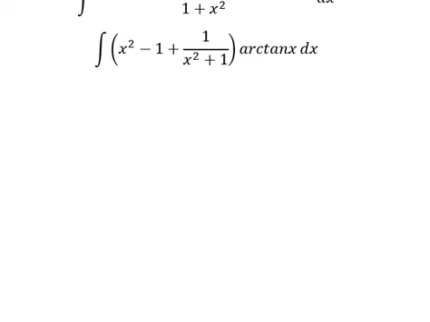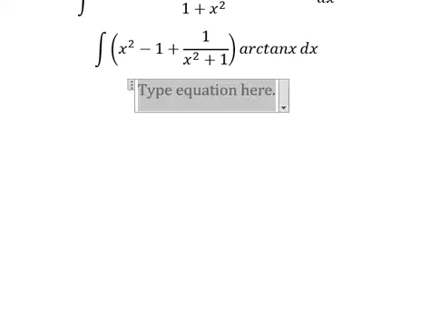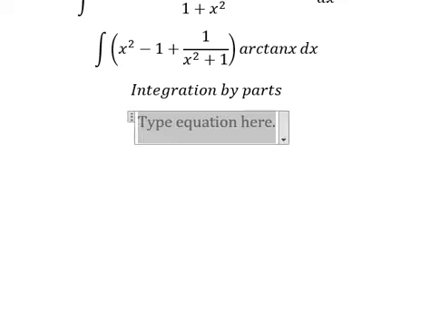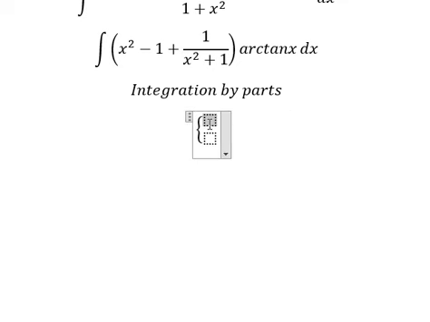Next, we can use integration by parts. So I will put u equals arctan of s.